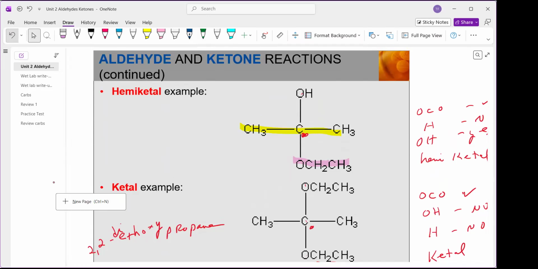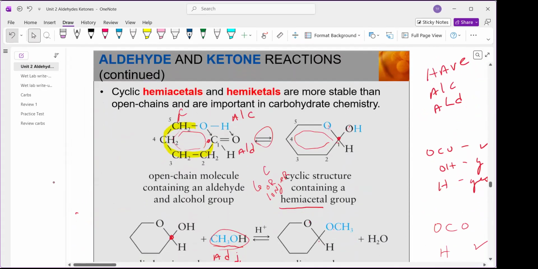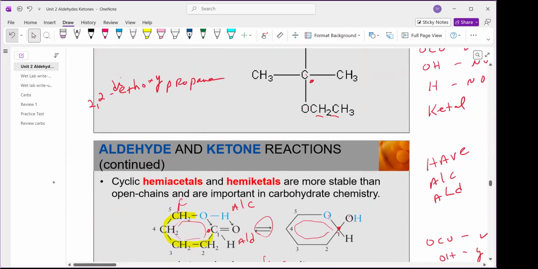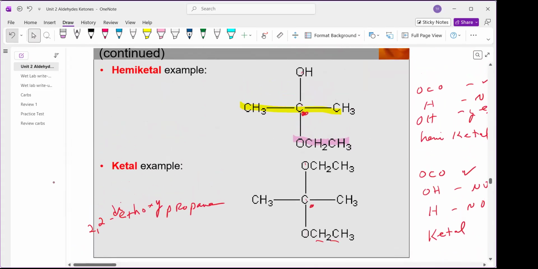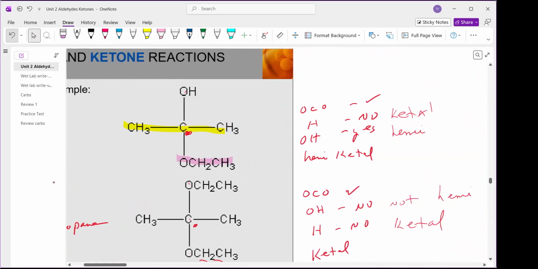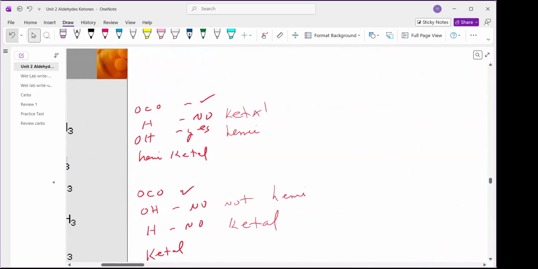Okay, so let's look at some examples now. These can also be cyclic. I'll talk at length about that as well. Okay, so here's the test. Let's look at an example of one here.